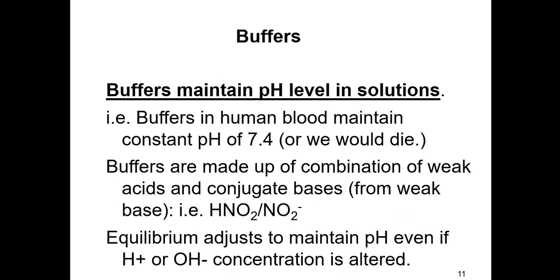We use buffers all the time. The best place to find a buffer is in your human blood. There's a liquid portion of the blood called plasma, and it needs to be around 7.4. Why is that? Well, there are special proteins called hemoglobins, Hg for short, and they carry oxygen.